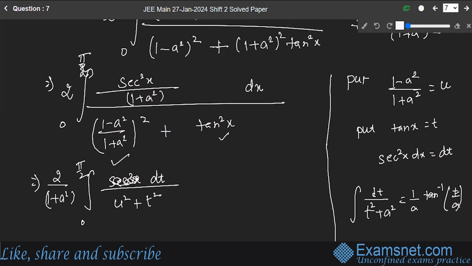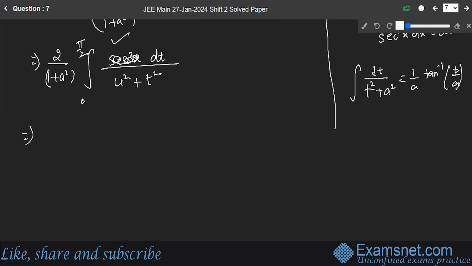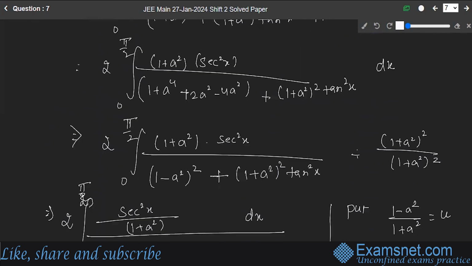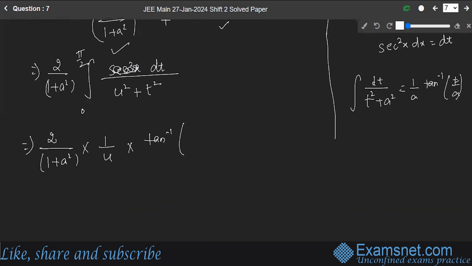And now using that, this is equal to 2 upon 1 plus a square multiply 1 upon u multiply tangent inverse t upon u, the limits were 0 to pi by 2.